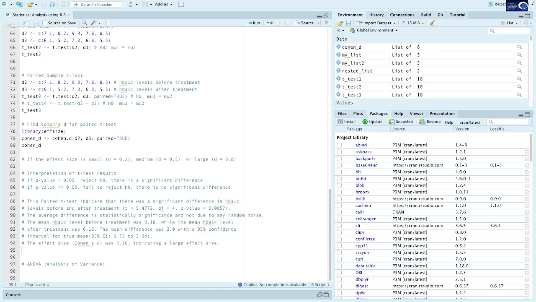Here the first thing is linearity. This residuals versus fitted values plot actually helps us determine the linearity. If there is any confusion, we can go for another test.